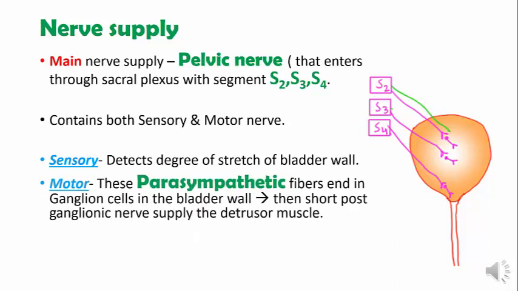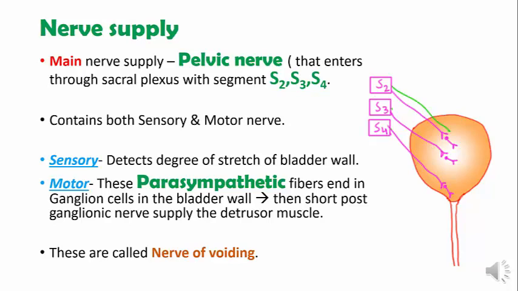And the motor nerves are the parasympathetic fibers. These nerves end in ganglion cells in the bladder wall. Then short postganglionic nerves supply the detrusor muscle. These are called the nerves of voiding because they cause contraction of the detrusor muscle and relaxation of the internal sphincter.